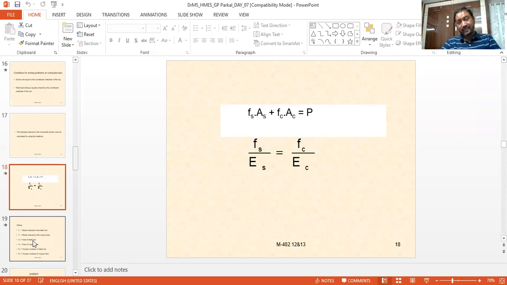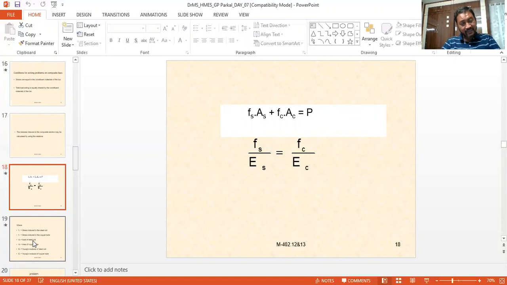We know that stress by strain is equal to Young's modulus, or strain is equal to stress by Young's modulus, that is F by E. So for the steel, Fs by Es is the strain, and for the copper, Fc by Ec is the strain.